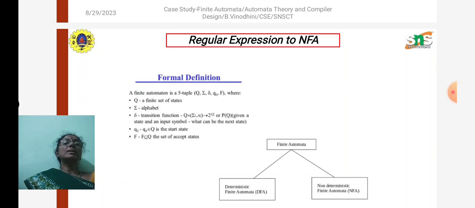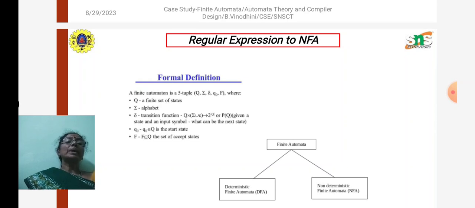An automata is a 5-tuple. Each automata contains a finite set of states, a finite set of input symbols, a starting state, final states, and the transitions, that is the delta symbol.